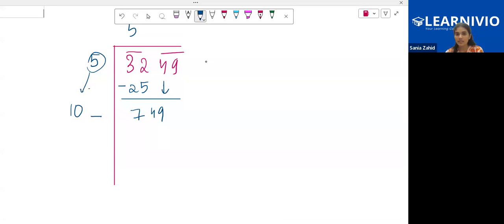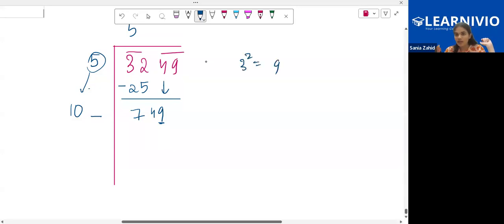9. Now, if you remember, while we were doing the squares part in previous classes of this lesson, I told you how to identify the units place of any number. Like, 1 into 1 gives you 1. 2 into 2 gives you 4. 3 into 3 gives you 9. So, the square of 3 gives you 9 at the units place.